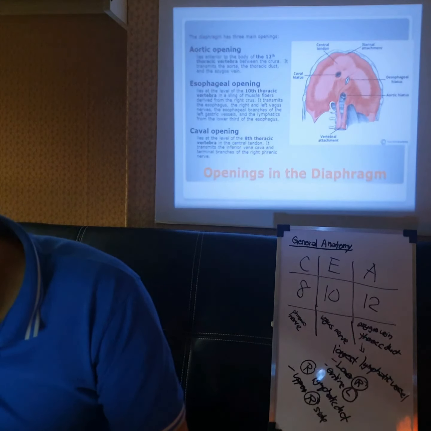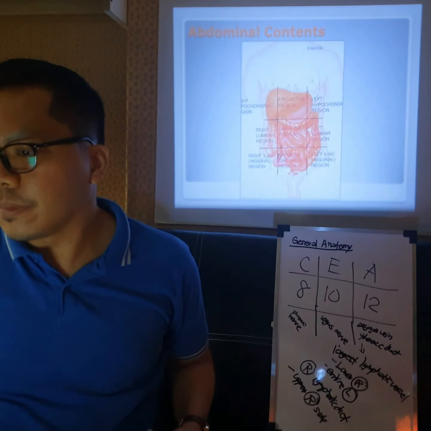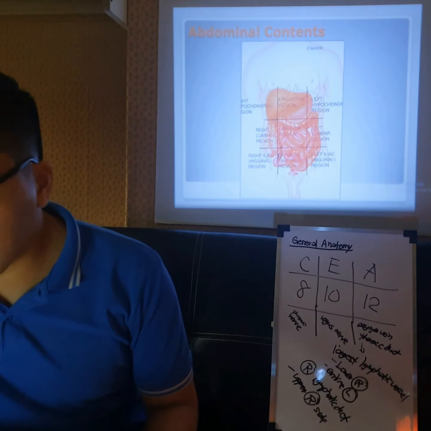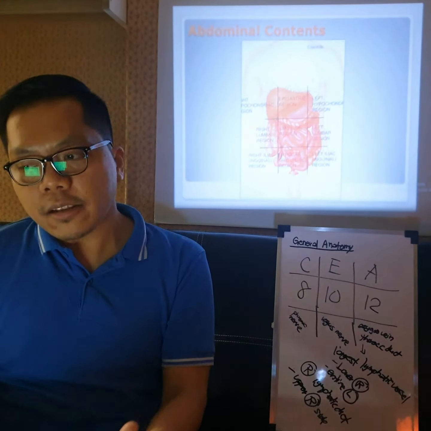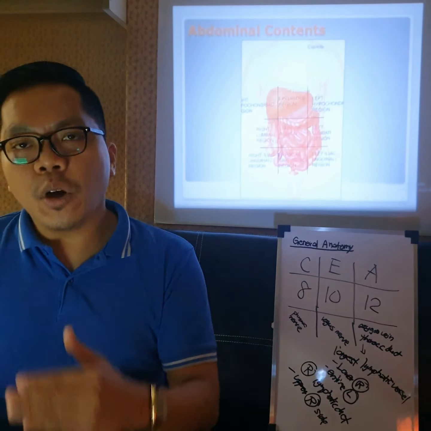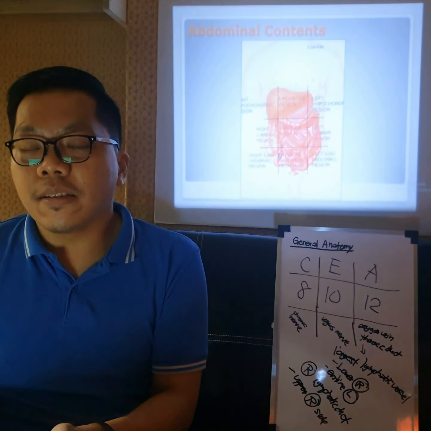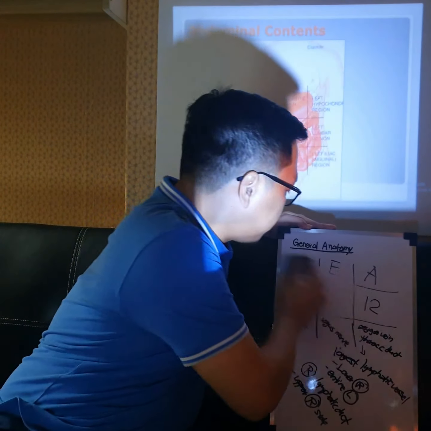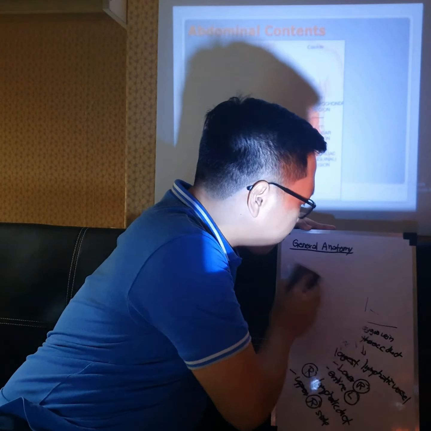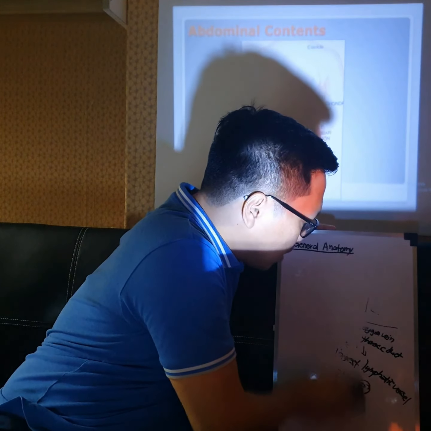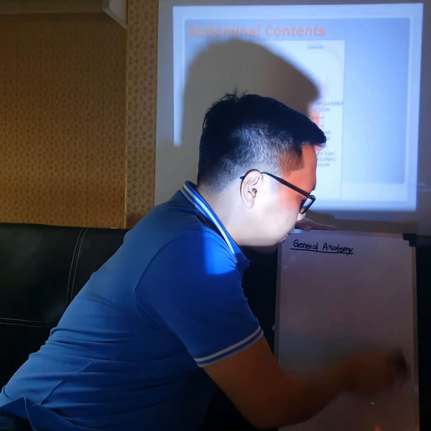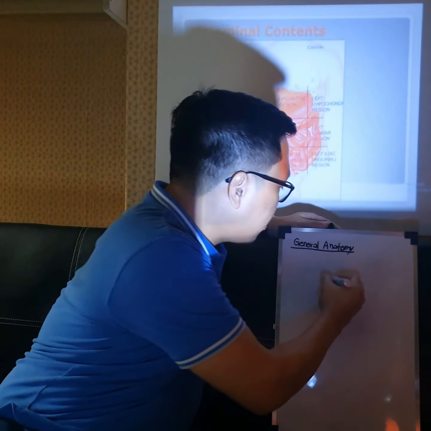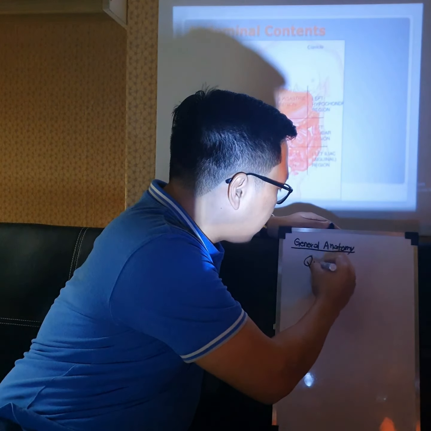Okay? Now, let's go to the abdominal contents. First of all, the abdomen can actually be divided into, merong dalawang ways kung paano i-divide yung abdominal region natin. First of all is via use of what we call quadrants.